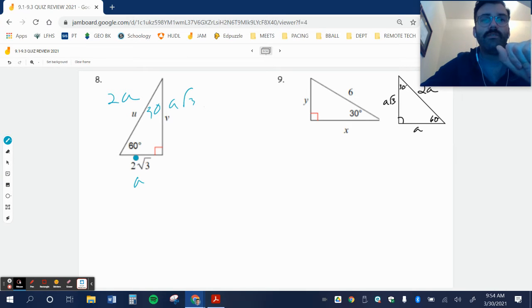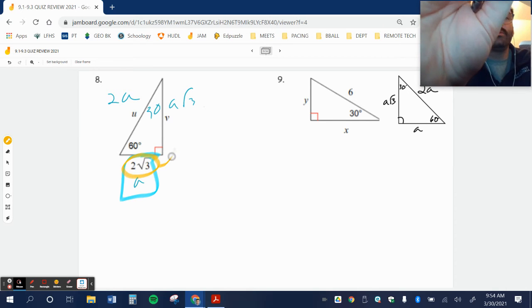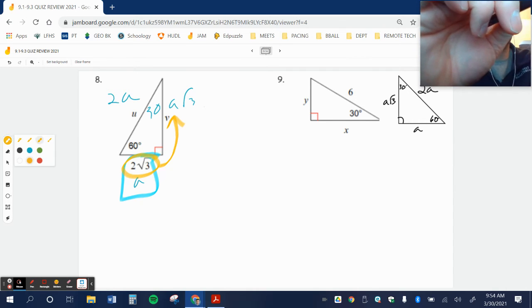So don't let that confuse you. A lot of people will say, hey, that means V is going to be 2 radical 3, and this is going to be 4. Don't let that confuse you. Across from 30 is 2 radical 3. So that tells me this is our A. So I'm going to take this 2 radical 3, and I'm going to substitute it in for A here.